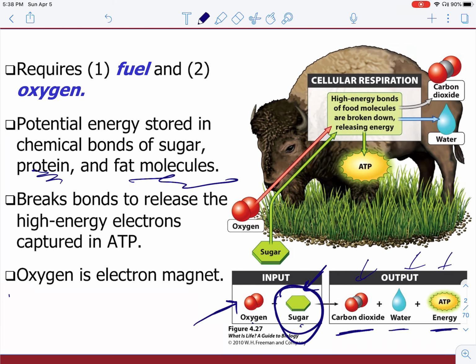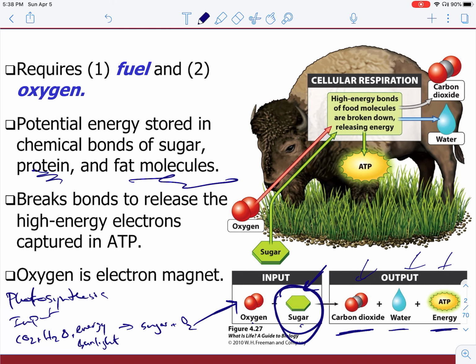Note that for photosynthesis, as an input, we have what? Carbon dioxide, water, and then energy in the form of sunlight. And as an output, you have sugar plus O2, right?